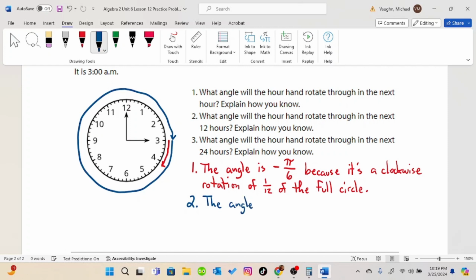The angle is negative 2 pi because it's a clockwise rotation of the full circle.